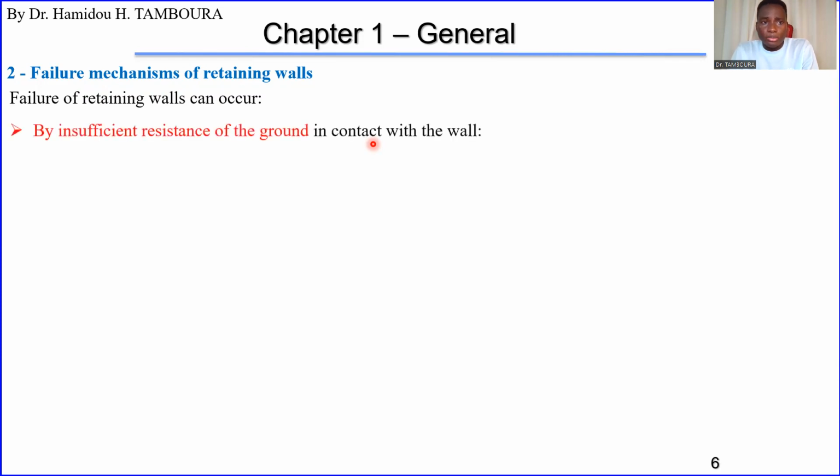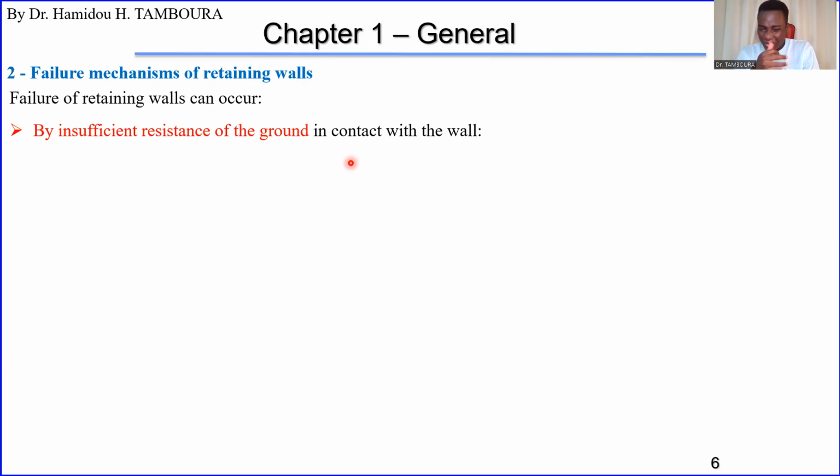The first category is the insufficiency of resistance of the ground. The ground in contact with the wall, if it is not strong enough, may cause failure of your retaining wall.